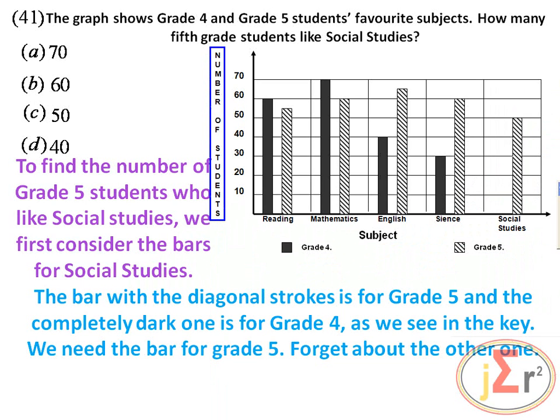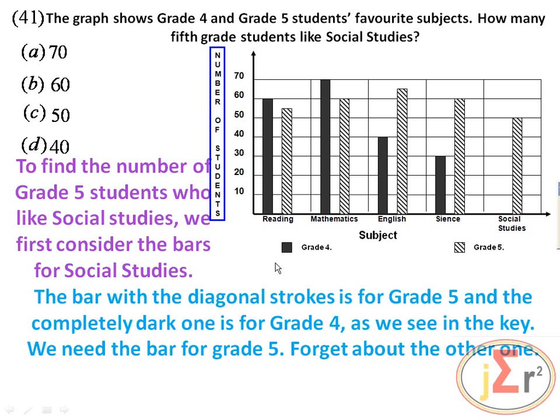And Jerry is saying that it is 50. So we have over there, and we are highlighting that caption right there that says number of students. That means the axis on the left-hand side, which is this vertical axis, is in reference to the number of students.